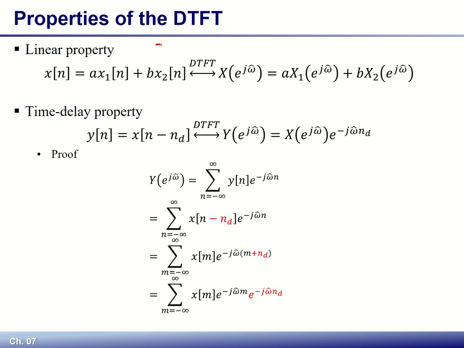When you have x1[n] and its DTFT X1(e^{j omega hat}), and x2[n] and its DTFT X2(e^{j omega hat}), then if the signal is a combination of x1 and x2 with constants a and b, its DTFT X(e^{j omega hat}) is also a linear combination of X1(e^{j omega hat}) and X2(e^{j omega hat}) with constants a and b.